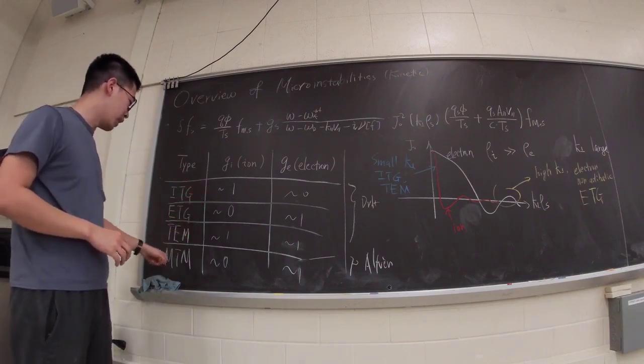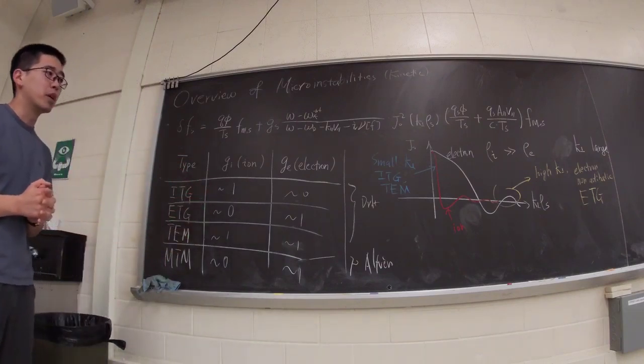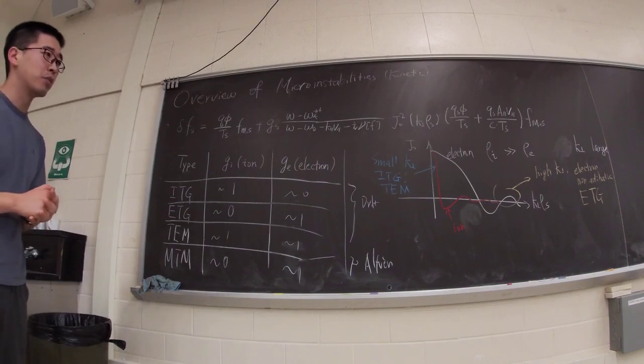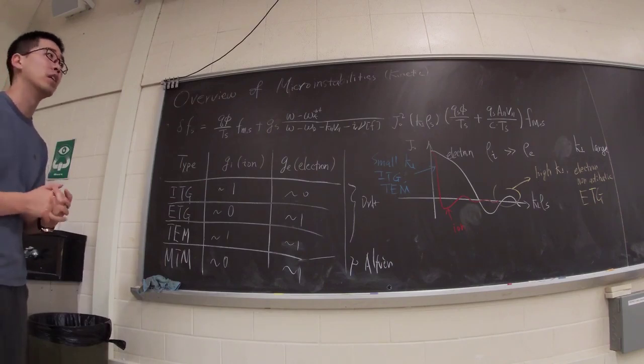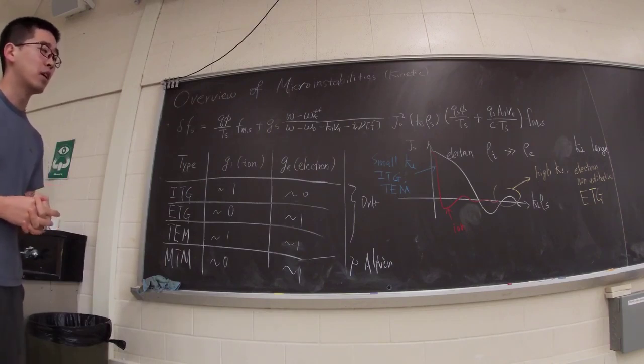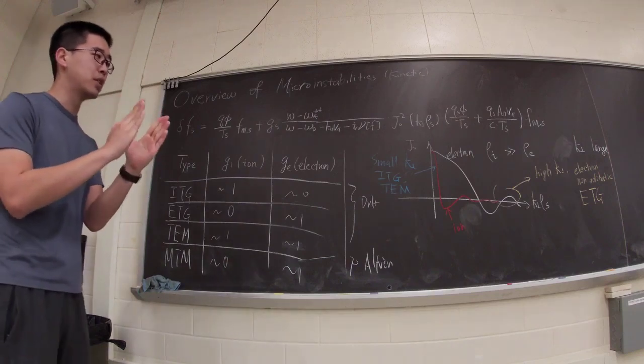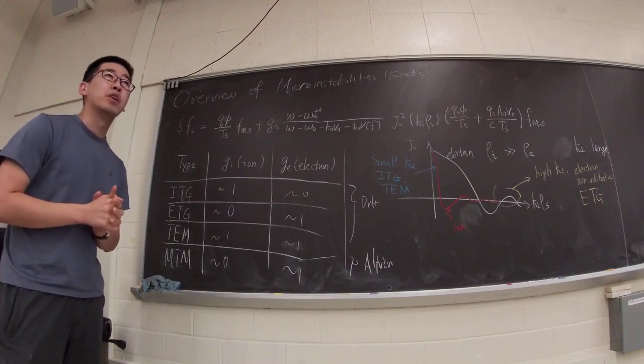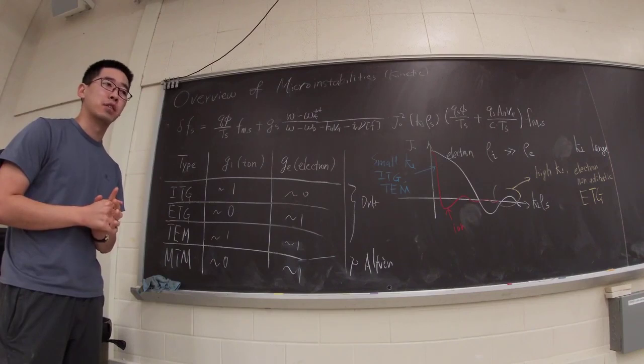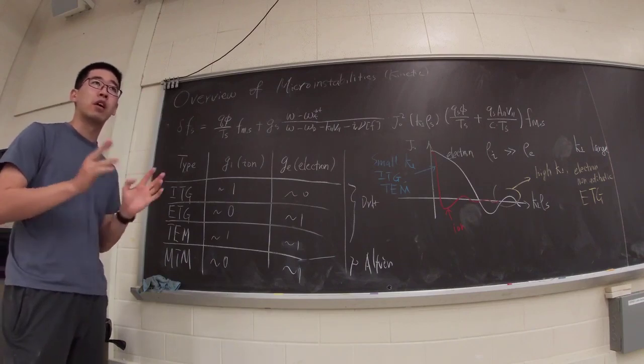Those three modes. MTM will be more magnetic, so it will generate magnetic islands. Then it will, in a way, short out that region of gradient, because the particle can move freely between the current sheet.